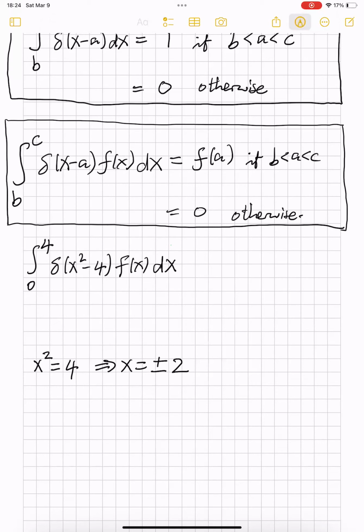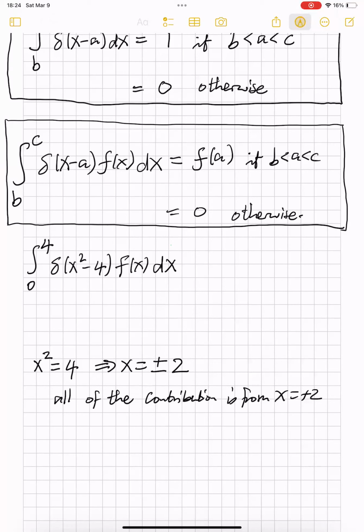Now you can see that we're only integrating over positive values of x. So that means that all of the contribution to the integral is from x is equal to plus 2.